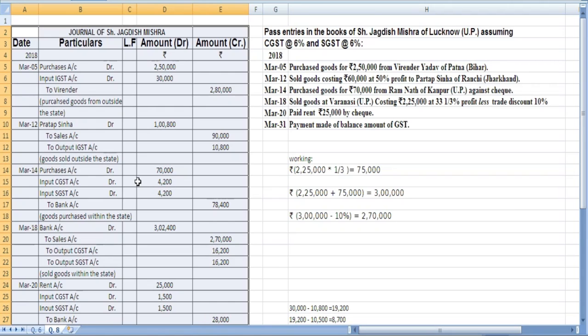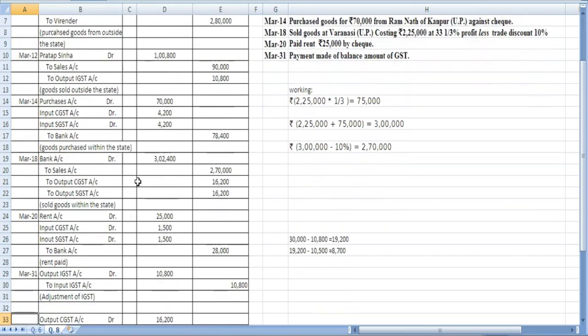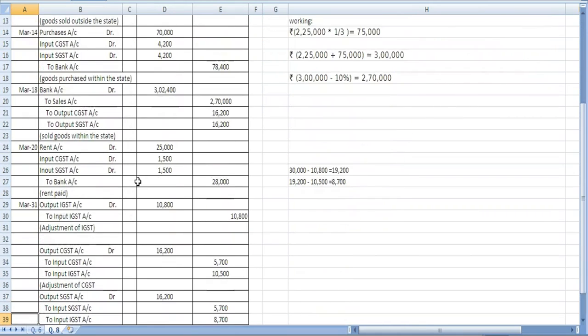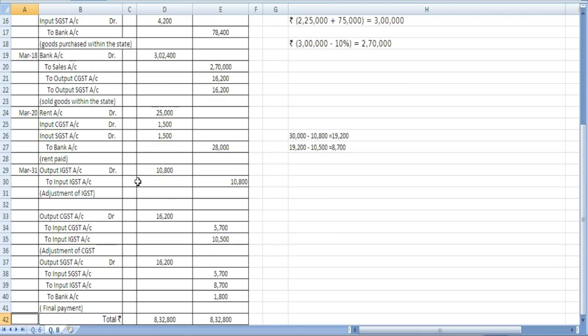If there is any balance remaining after adjusting the output CGST with input CGST, we will write down that. And still if there is some excess input IGST which we still have to adjust, that we will adjust with our SGST.